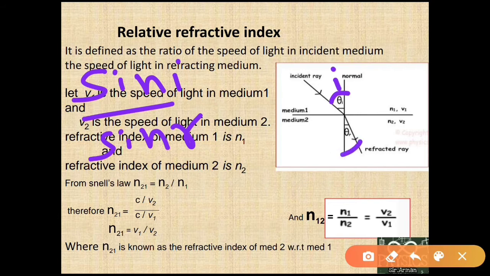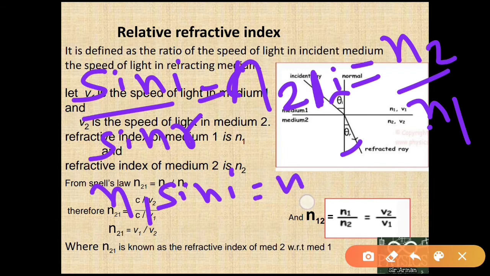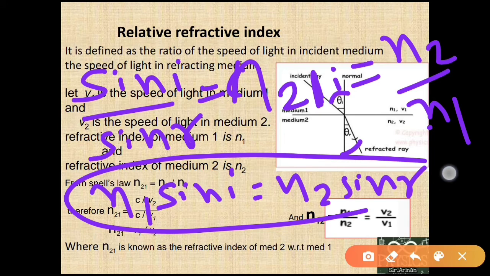Divide by the sine of the angle of refraction is equal to a constant, and that constant is nothing but the refractive index of medium 2 with respect to medium 1, right? And eta 2 1, that is the refractive index of medium 2 with respect to medium 1, we can write like this, eta 2 by eta 1. Now I will take this eta 1 towards the left side, so it becomes eta 1 sine I is equal to eta 2 sine R. So this is called Snell's law.